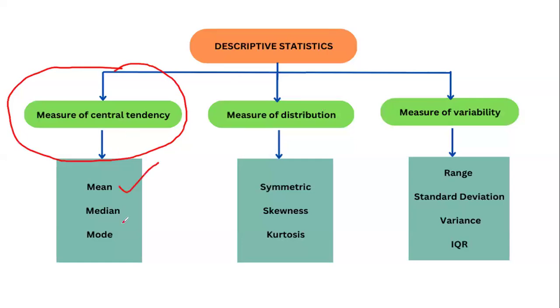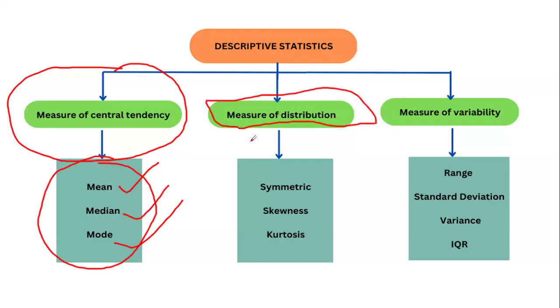Under measures of variability, we're going to learn how to find the range, the standard deviation, and the variance. These three things will be very important. And then down here, I have what we call IQR, which simply means interquartile range. These things are going to be very important, and we'll know all of them by the end of this course.